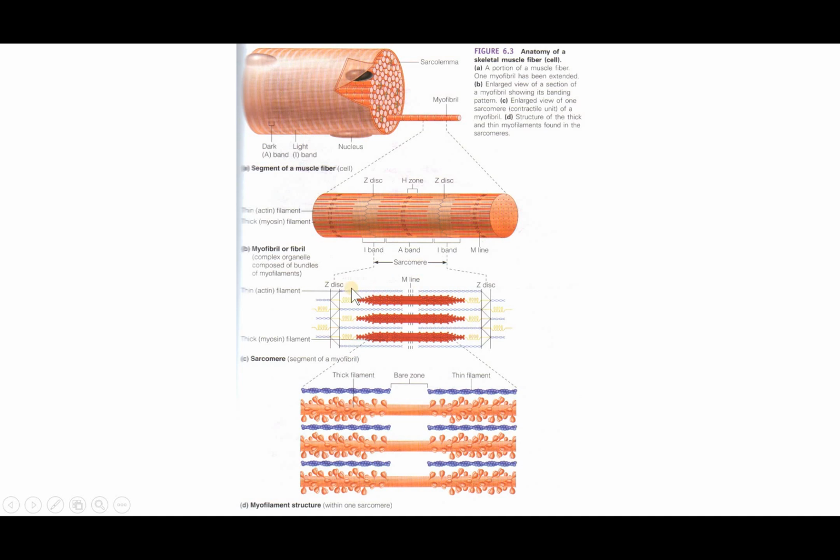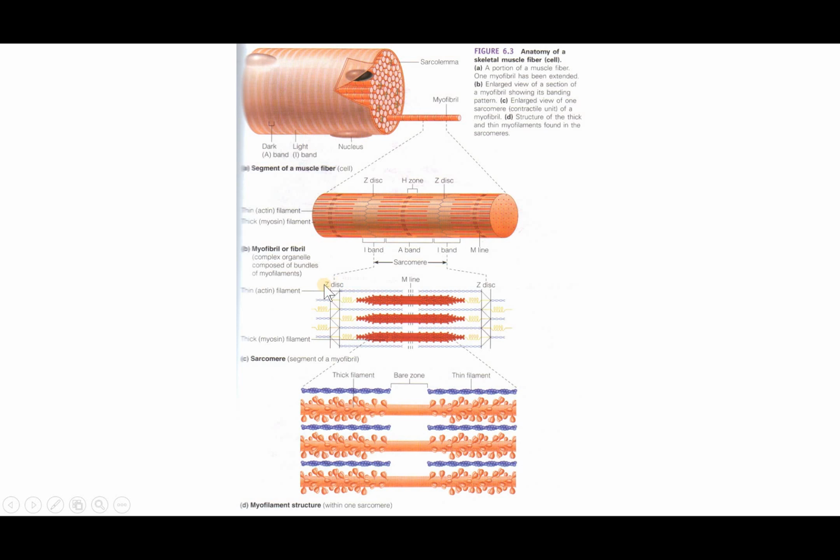Okay, in this section, you're seeing the thin actin. Please know that, write that down. The actin myofilament is thin. The myosin filament is thick. So we have the thin filament and the thick, actin and myosin.